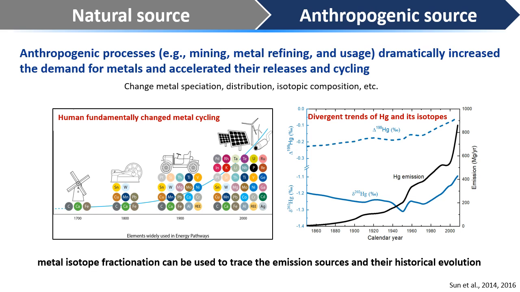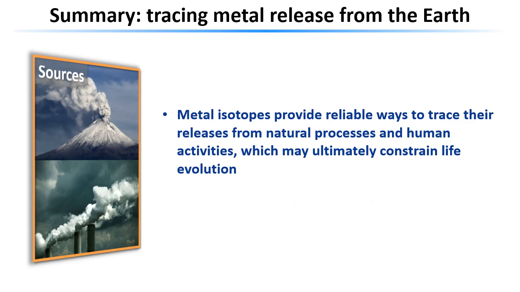Especially since the industrial revolution, mercury emission displays a clear increase together with significant changes of capital delta 199 and small delta 202. So from the previous slide, we can conclude that metal isotopes provide reliable ways to trace their releases from both natural processes and human activities, which may ultimately constrain life evolution.